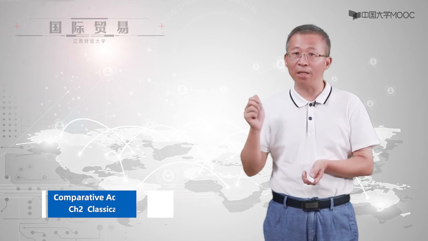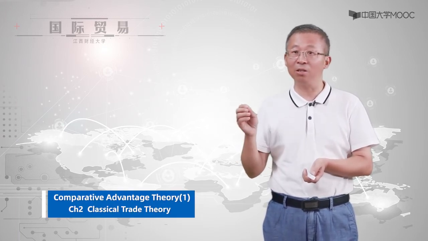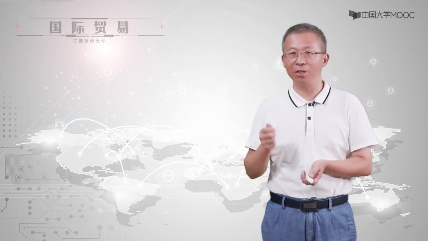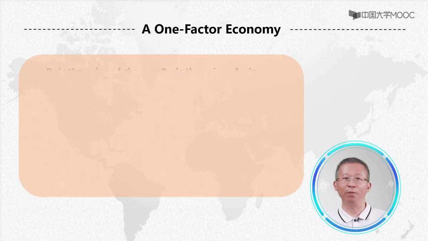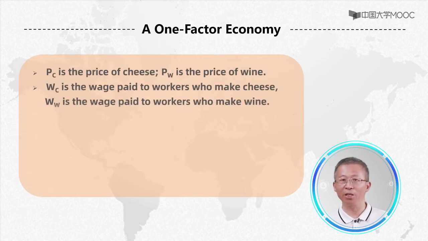Since labor is the only factor of production, and labor can move freely between the sectors, the supply of cheese and wine will be determined by the movement of labor to whichever sector pays the higher wage. Let PC and PW be the prices of cheese and wine, respectively.